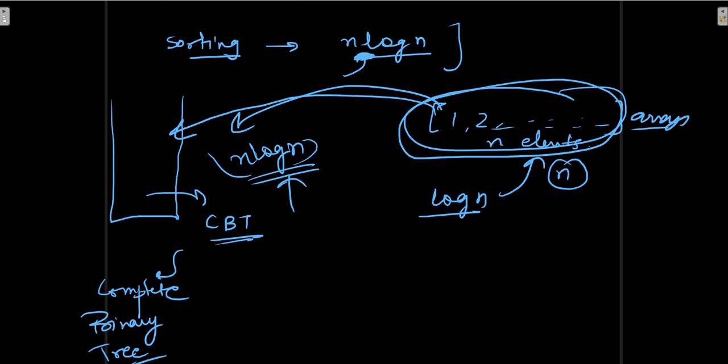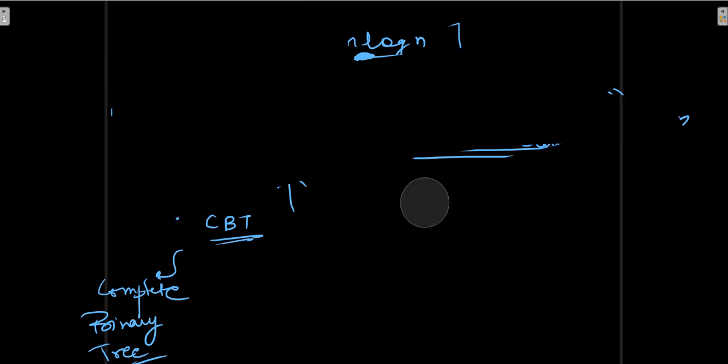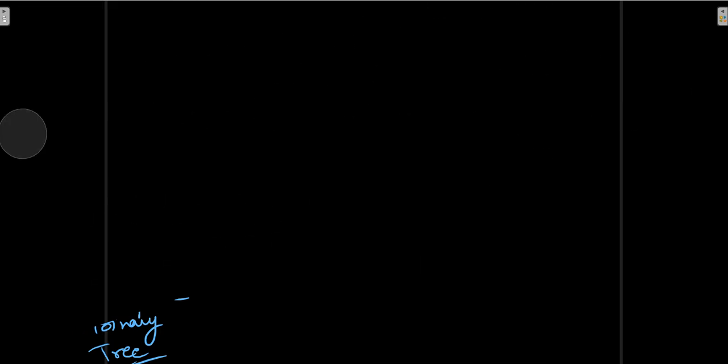So what the third point states is, just one second, I'll remove everything. Okay, now I'll give one more example. We all know what a complete binary tree is: all the levels will be completely filled except possibly the last one.